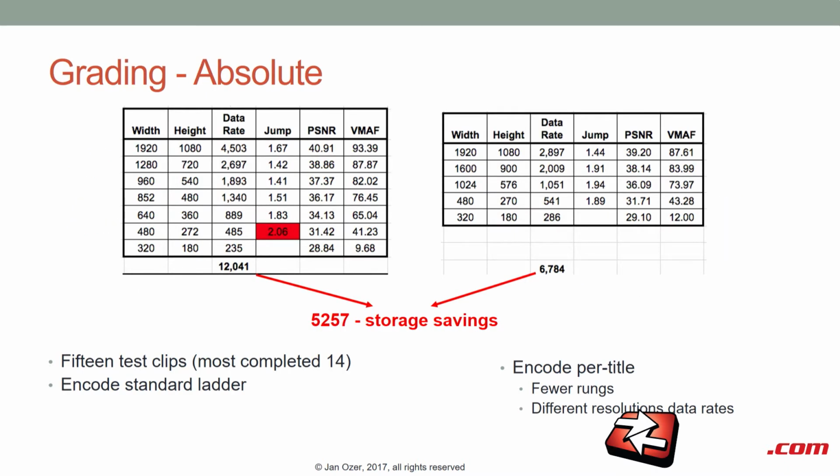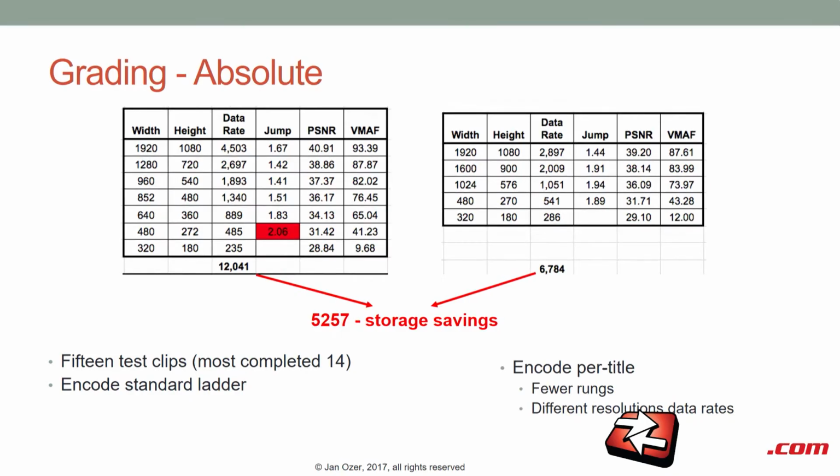Here, we talked about my starting point and my ending point. On the left is the baseline encode for some file by some technology. On the right is the per title output. So we see on the output a couple of things. Number one, there are fewer rungs on the output than there were on the input.